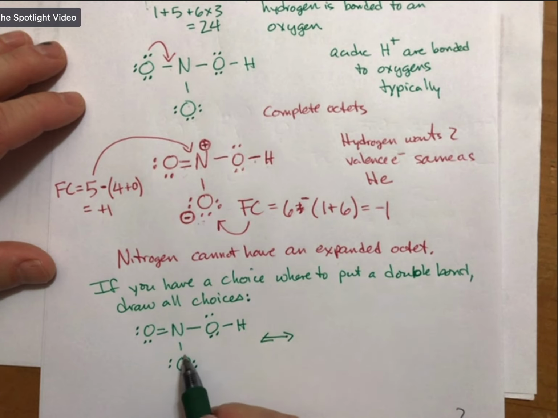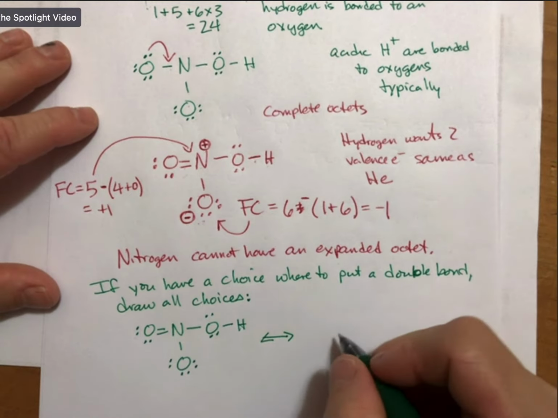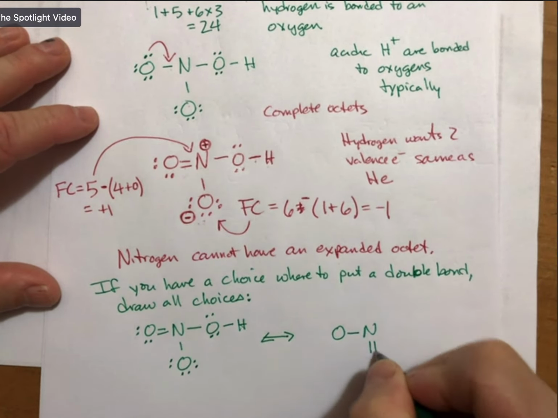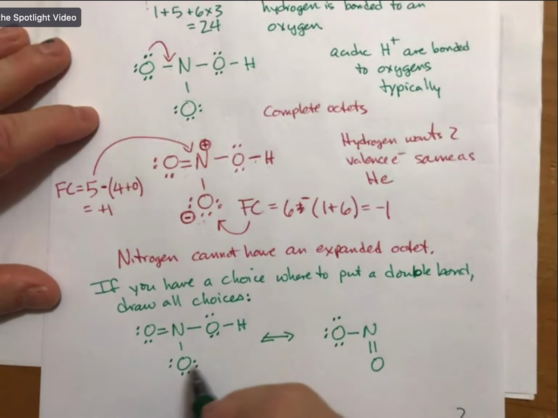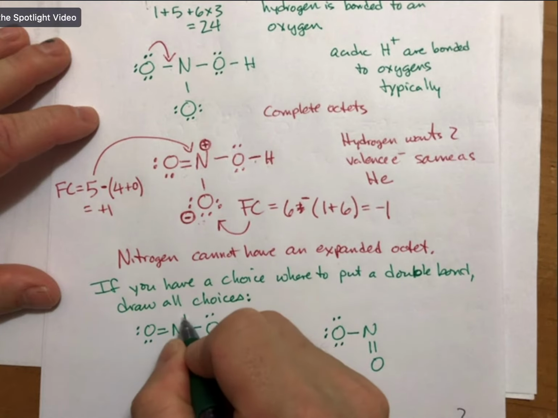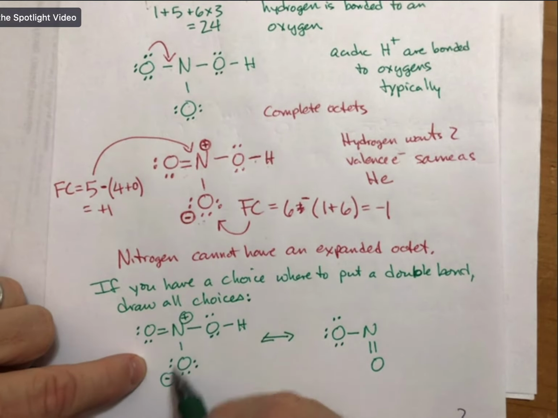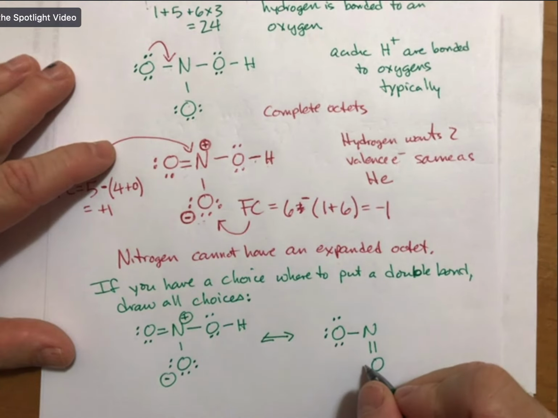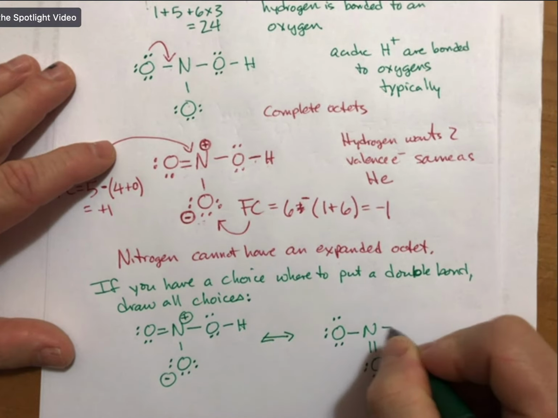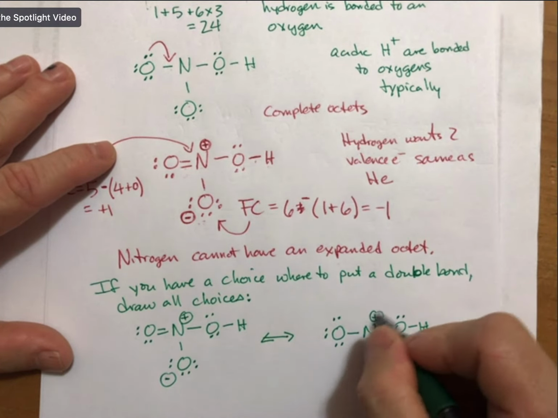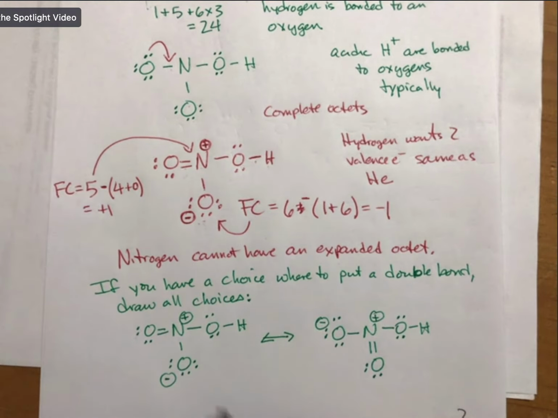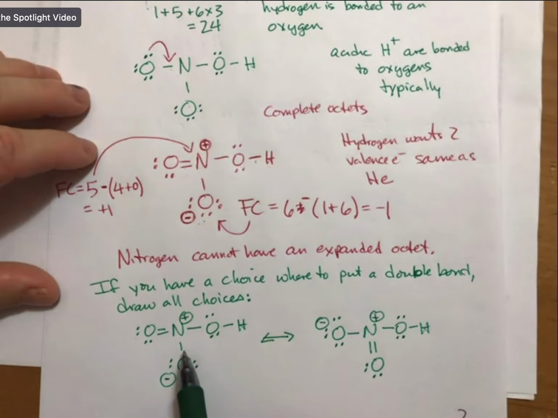And now I'm going to draw the double bonds down here and a single bond over here. Like I said, it's the other choice. Oh, and I got to draw my formal charge, by the way. So I still have to draw my formal charges in here. So these two are the resonance structures for HNO3.